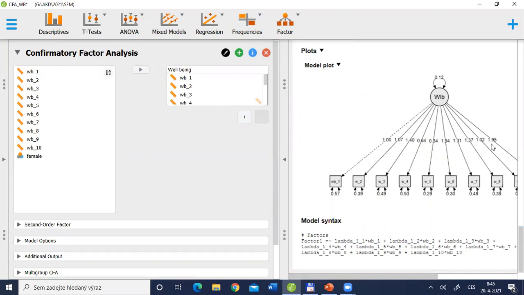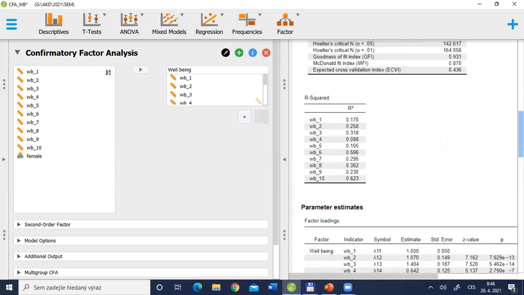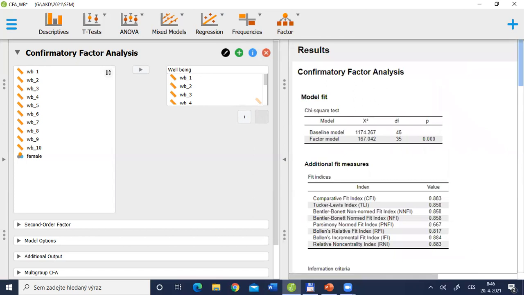If you would like to change it, you could copy this model syntax, go into structural equation models, and in this general menu, structural equation models, you could find also a picture with standardized results. I don't know why it is not the same for these two options, but let's go to the evaluation of my model.